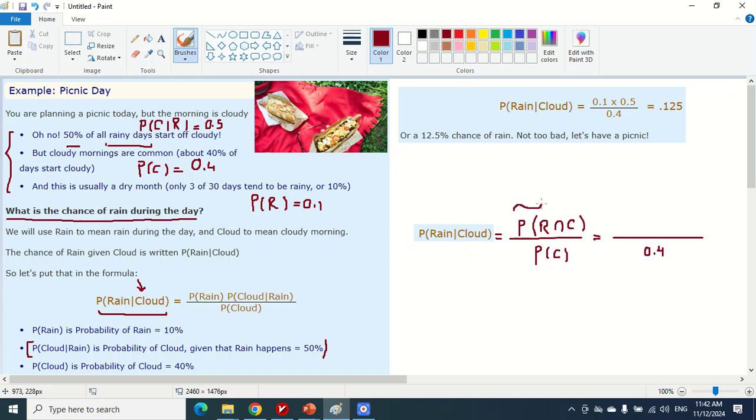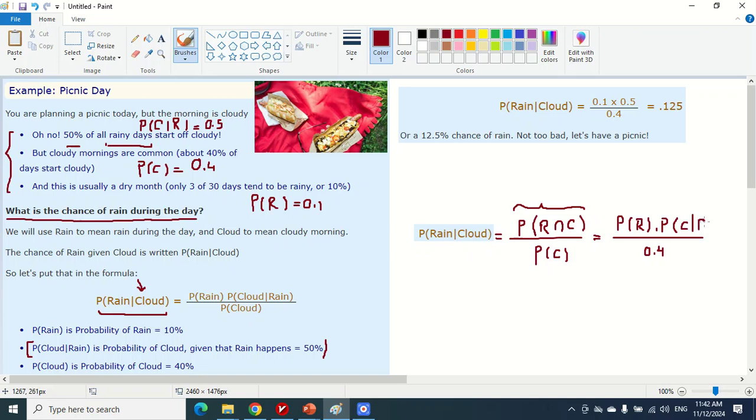For the intersection of these two probabilities, I can use the multiplicative rule, and because the probability of being rainy is given, I will start with the probability of being rainy. That is P of R, the probability of raining, multiplied by the probability of being cloudy given the rainy day.